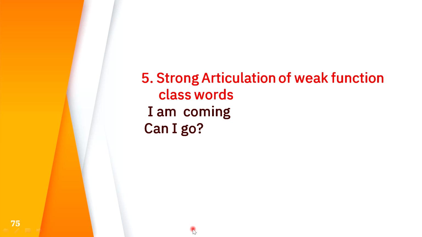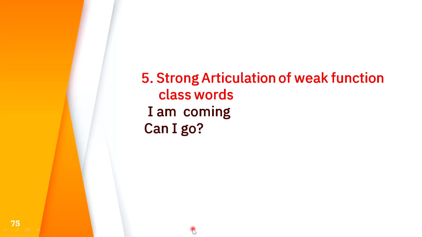Next area where this mother tongue interference occurs is strong articulation of weak function class words. In Malayali English or Manglish, weakly articulated function class words are spoken in their strong forms. For example, the sentence I am coming. It is how Malayalis pronounce it.